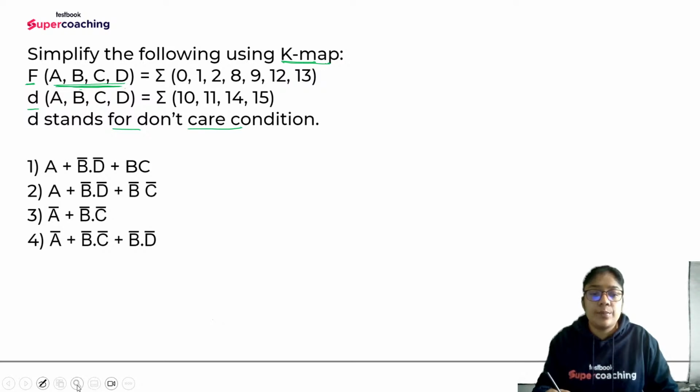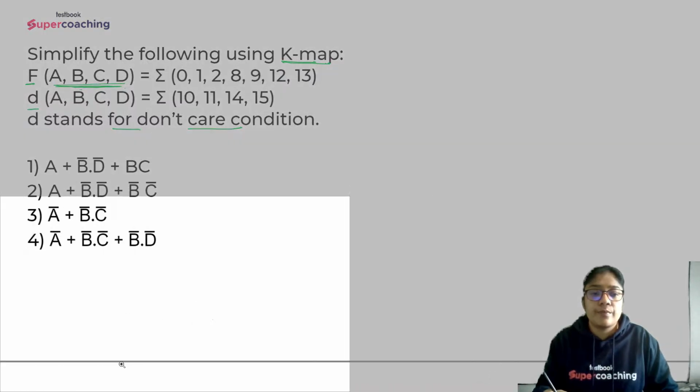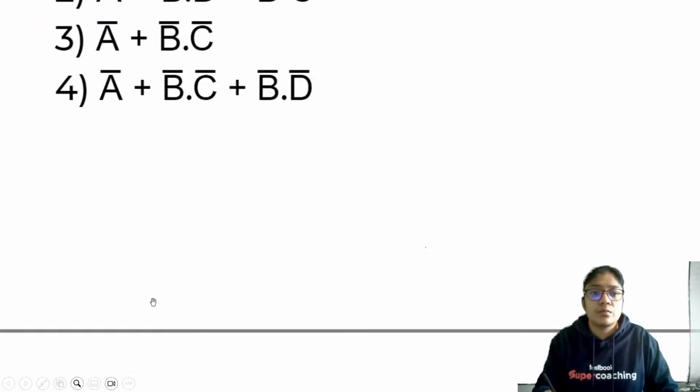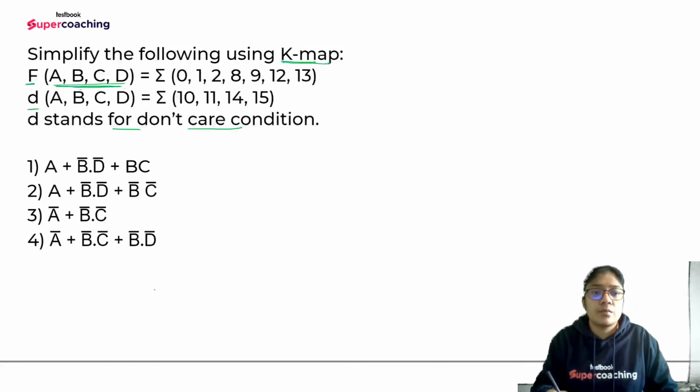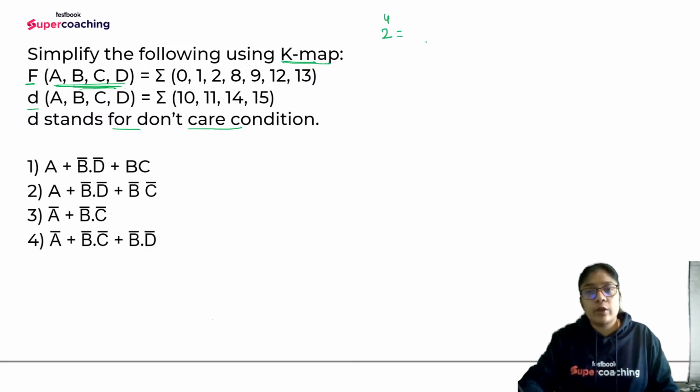Come on, hurry up. 4 variables means 2 raised to power 4 combinations are required for A, B, C, D. That is 16. So very good, 16 cells will be there.